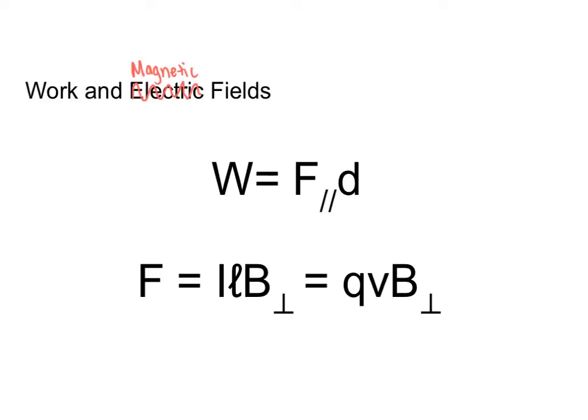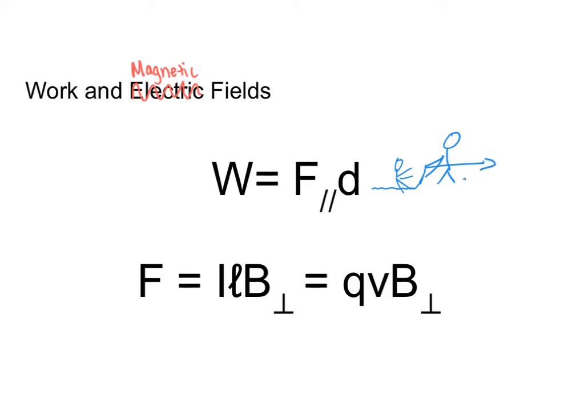So we're going to start by comparing two equations that you should now be familiar with. The first is our equation for work. What that equation says is that the work done on an object is equal to the force parallel to an object's motion times the distance an object travels. So if I'm pulling a sled that you're sitting on, I'm pulling it with some force, some distance.